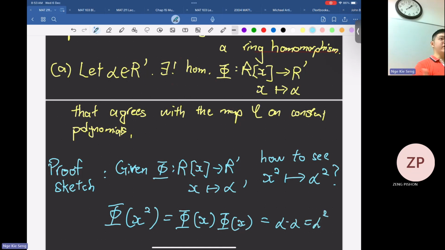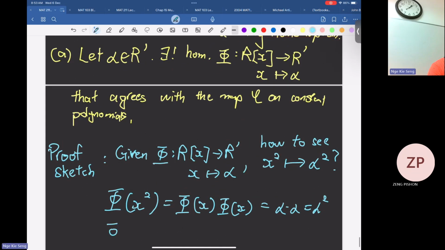How about in general? Maybe x plus 1. What should Φ(x plus 1) equal to? Speak up. Φ(x) plus Φ(1). Why? Because again, it is a homomorphism.